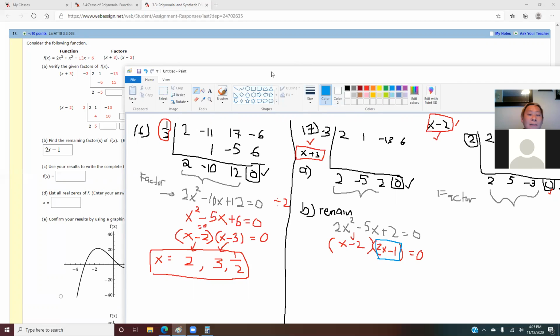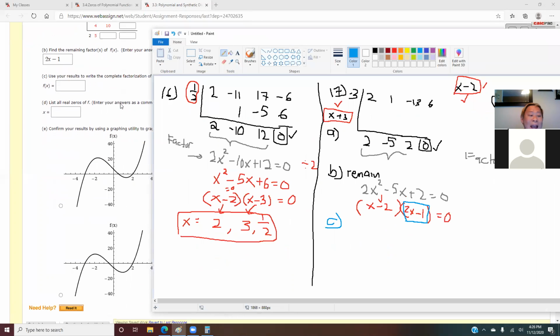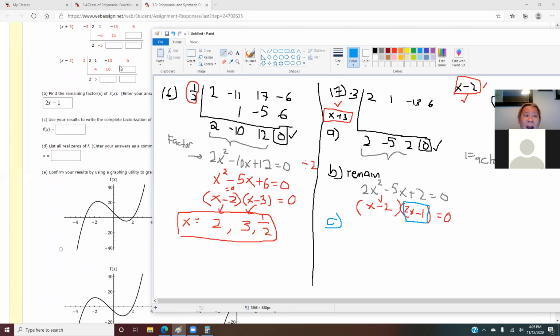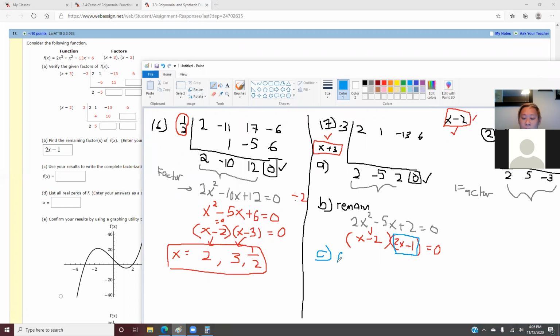Okay. Next, part C. Write your answer in the complete factorization of f of x. When I say complete factorization, it means everything has to be in factor form. How many factors did you tell me just now? We have 3. Which are what? Which is the factor in this case? Negative 3 is the zero, but don't give me negative 3.